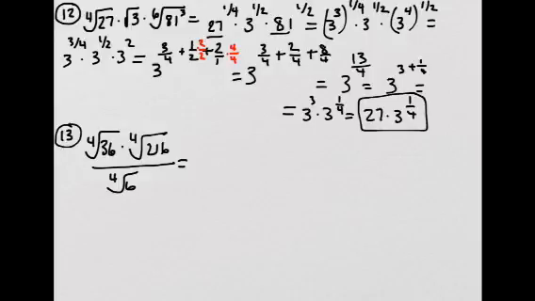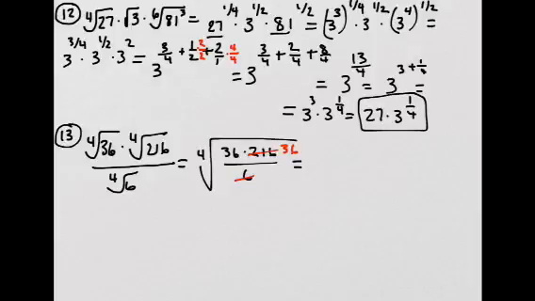Okay, so on this one we just have to simplify using the properties of nth roots. So what I'm going to do is notice how all the indices are 4. So I'm going to write this as one big 4th root radical, like this. You can do that. And notice how 6 goes into 216 36 times.